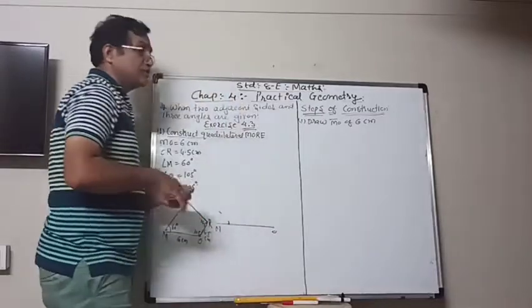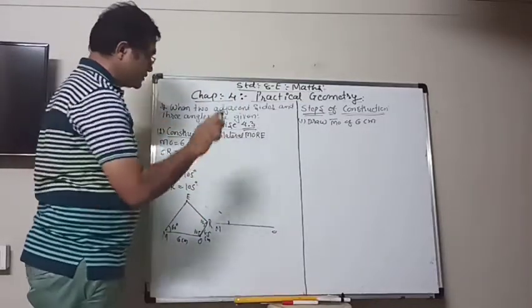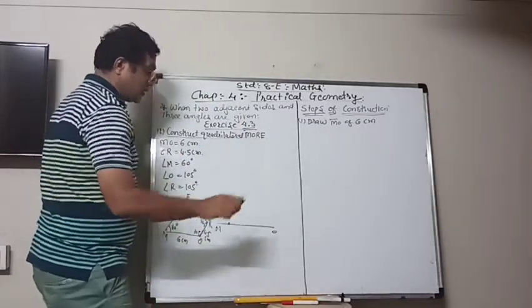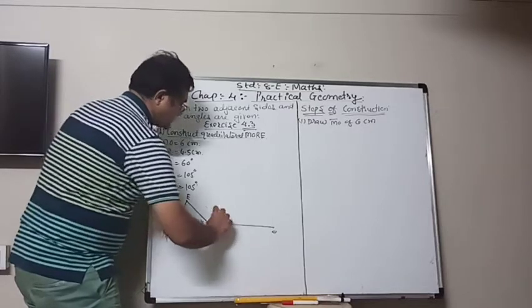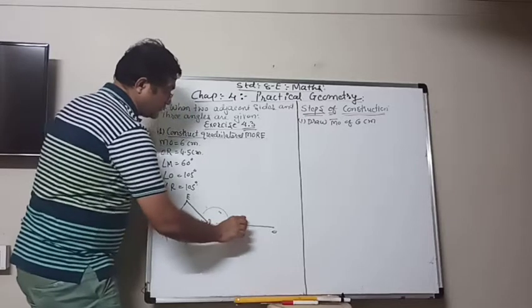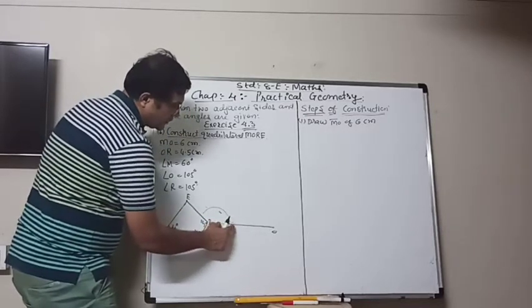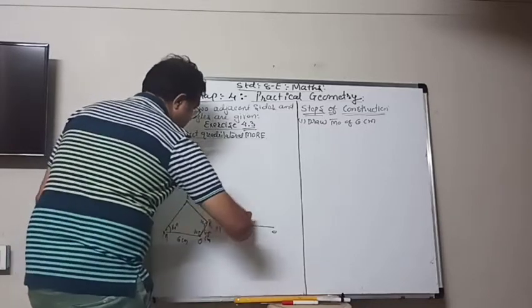So first of all, you have to take your rounder, suppose this is a rounder, and take a measurement, approximate, and draw a semicircle like that. Keeping the same measurement, put it at that point and draw an arc again.